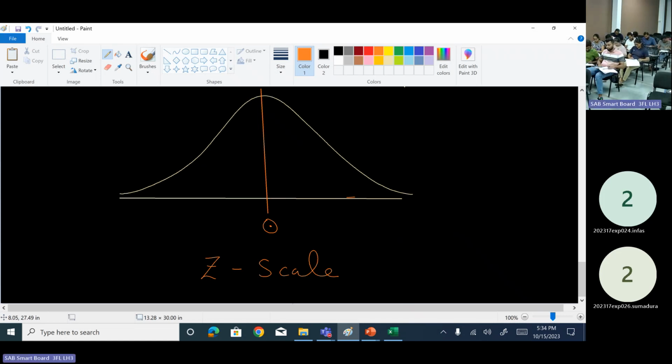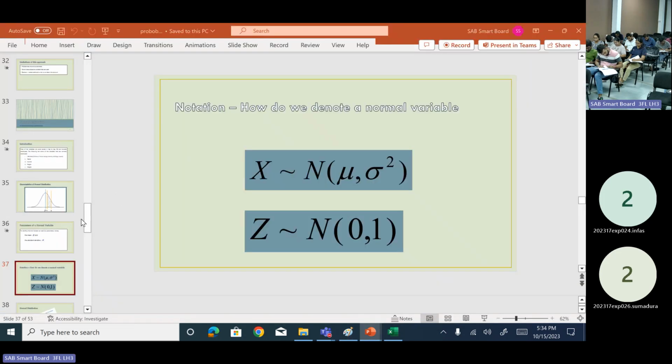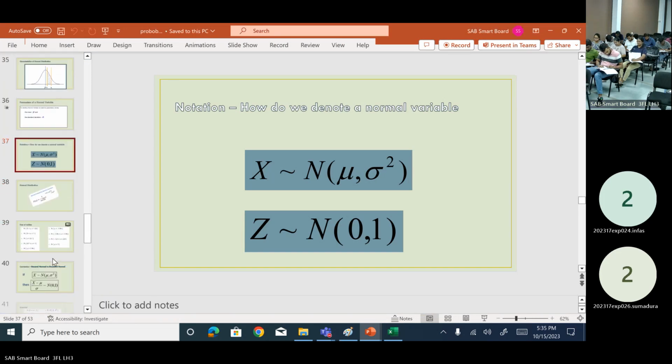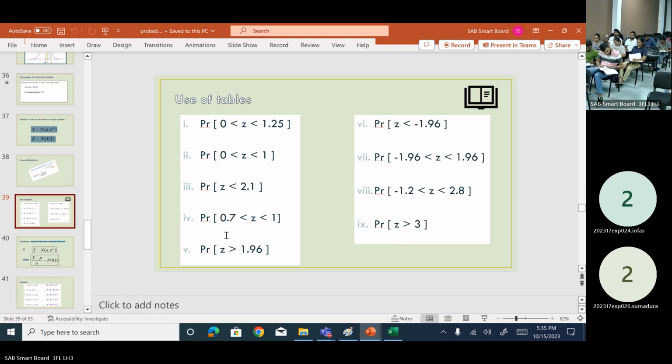To find the probabilities of the standard normal variable, we refer to the standard normal table.